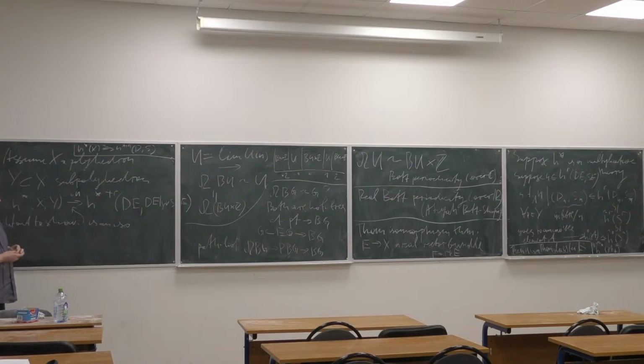If Y is empty, we get back the original map from the Thom isomorphism theorem.